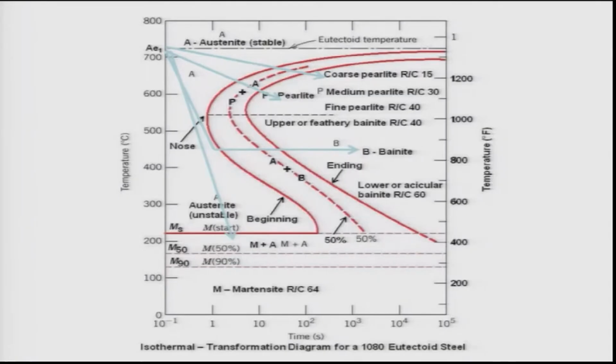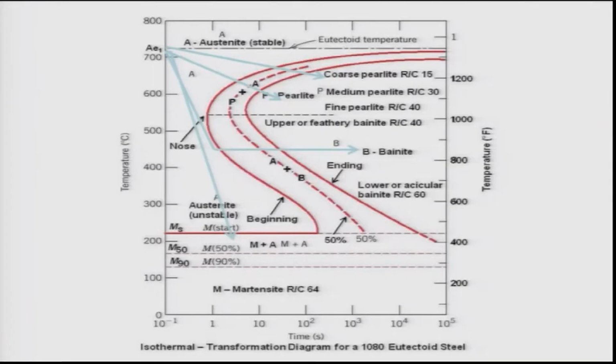Inside that you see A plus P written; P corresponds to pearlite, and A corresponds to austenite which has not yet been transformed fully. Now, in order to form bainite, we have to quench so that the pearlitic transformation does not happen. You see this is the nose of the C curve. Once you cross the nose of the C curve, austenite will transform to pearlite.